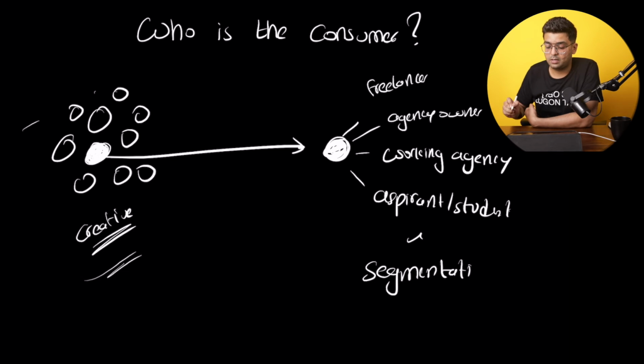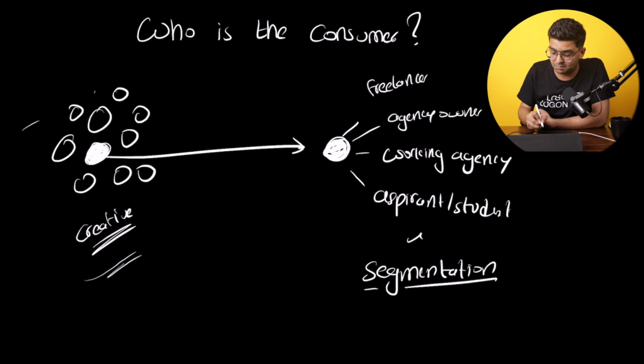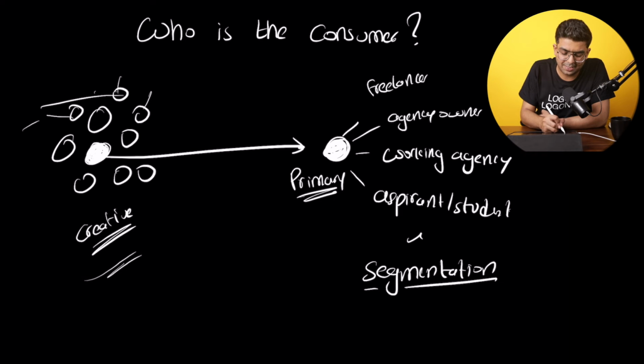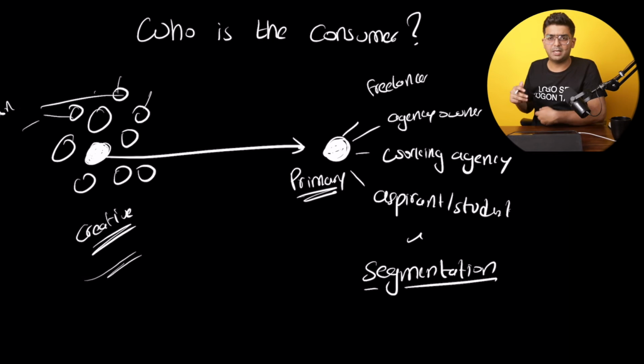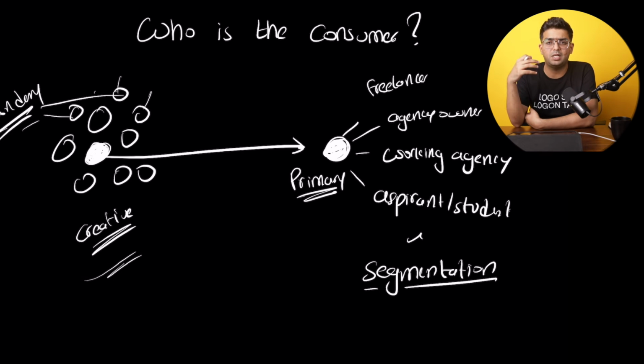This circle you see over here becomes my primary consumer, and everything else you see over here are my secondary consumers. They are welcome, but my branding, my communication, my design, my overall look and feel will be primarily focused on my TG, my target audience, which are designers. And the different types of designers I talked about are nothing but the segmentation.